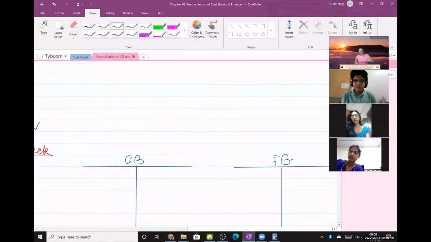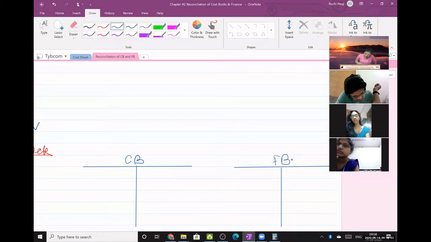Okay, तो cost books हमेशा पहले बनता है. First step is cost books, फिर finance book. उल्टा नहीं होता है. Finance book के बाद cost book बनता है, ऐसा नहीं होता है. It is always first cost books and then it is finance books. Okay.